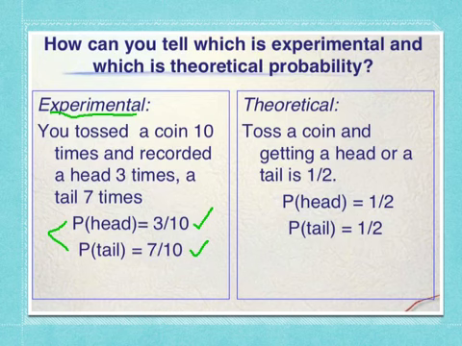However, if you're looking at theoretical probability, which is what we've been studying so far, if you toss a coin, the probability of getting a head or a tail is 1/2. You have 2 options. One option is heads, and one option is tails. So the probability theoretically of heads or tails is 1/2 or 50%.